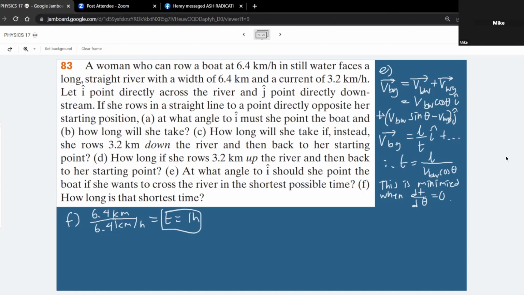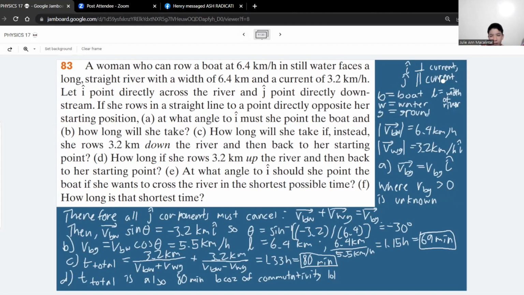Teka lang, nasaan yung letter A? O, so, where visa? Okay, so teka.